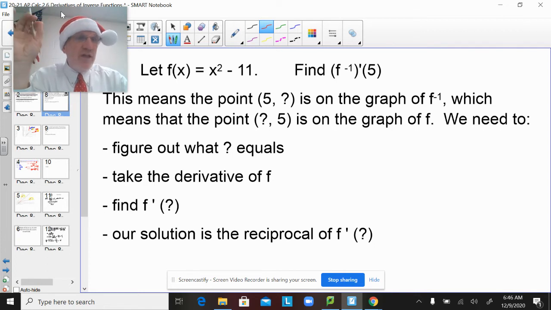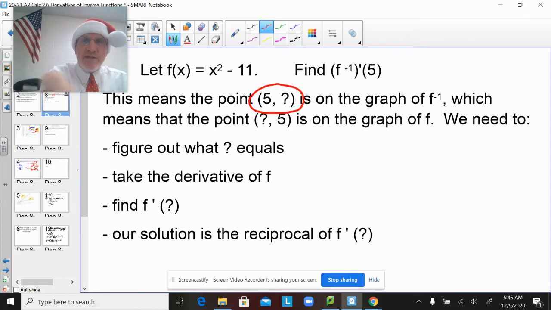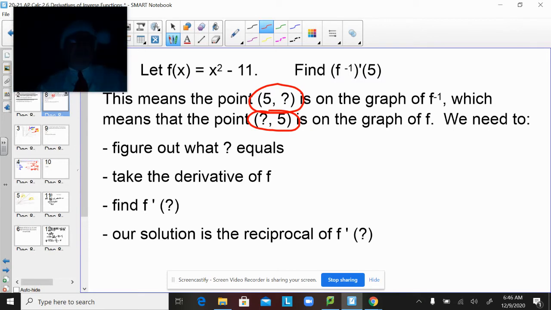If I had a function for f inverse, I could take the derivative and just plug in 5. I don't have that. So if 5 comma something is on the graph of f inverse, that means the point something comma 5 is on the graph of f.